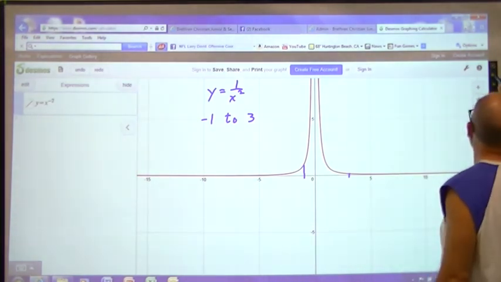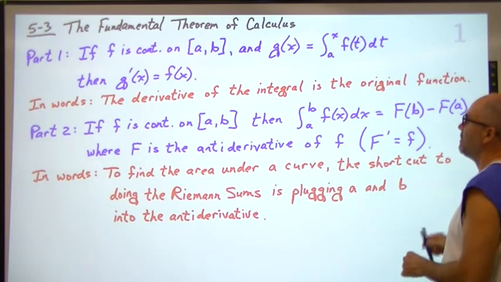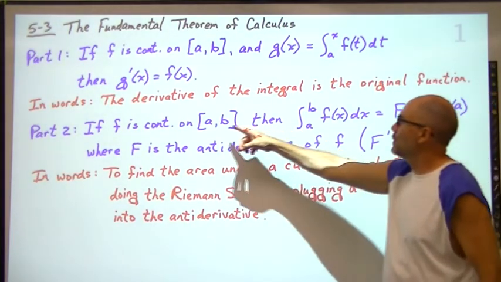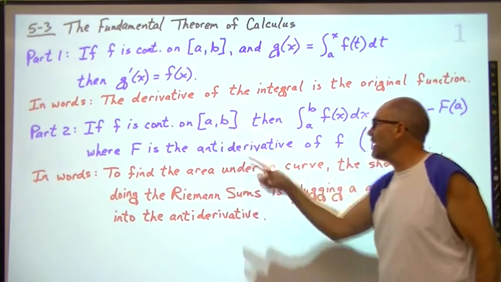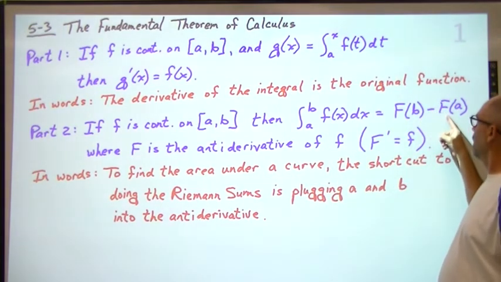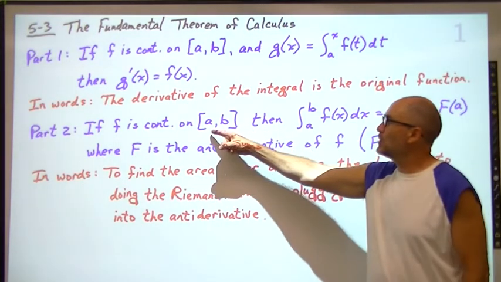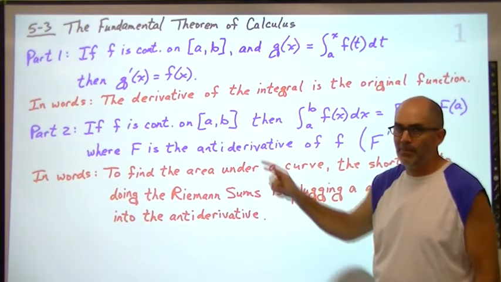And if I go back to my original statement, fundamental theorem part 2, if f is continuous on a to b, then the integral is going to be the area under the curve. Our function was not continuous on a to b.